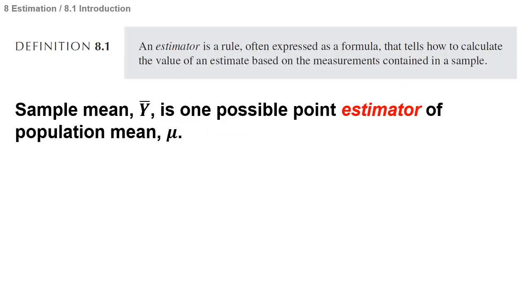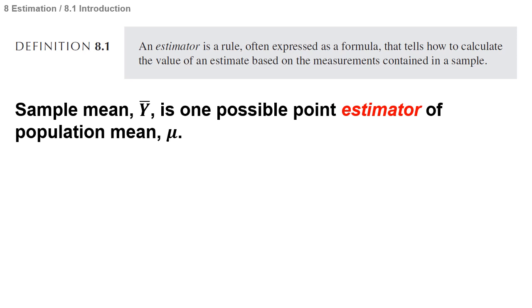For definition 8.1, an estimator is a rule, often expressed as a formula, that tells how to calculate the value of an estimate based on the measurements contained in a sample. So an estimator is a function of samples.